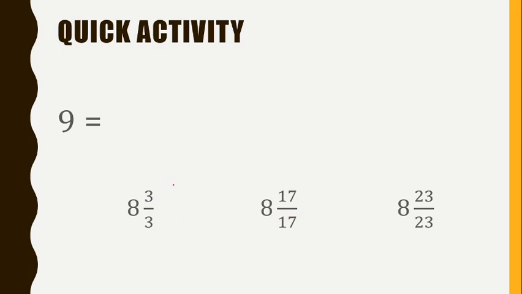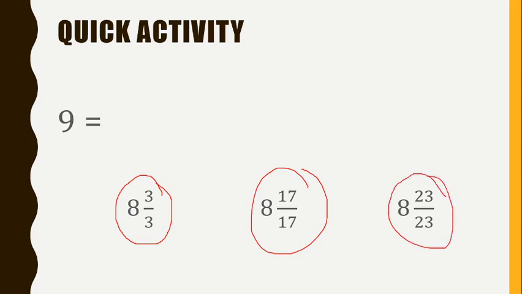So next one, 9. Which one is showing you 9? This one, 9/9... 3/3, 17/17, 23/23. Three of them, ketiga-tiganya adalah juga cara untuk menulis 9. Okay, so it depends on the question what denominator is involved.